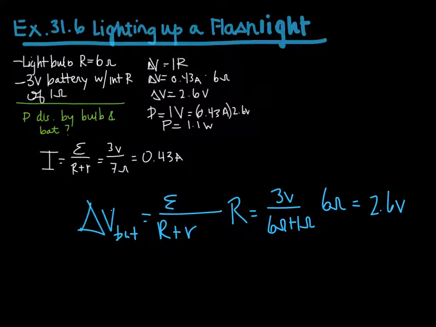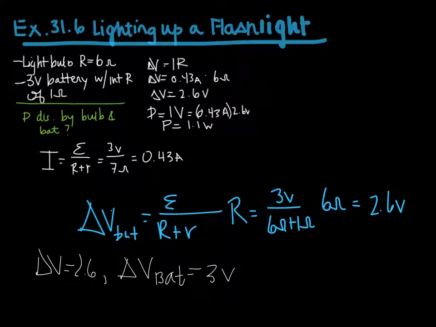I also think that there's a better way to do this than described in the text, which is if we found the potential difference across the resistor to be 2.6 volts, and we also found that the potential difference supposed to be across the battery was 3 volts, then you know that the voltage drop across the battery itself is going to be 0.4 volts for a potential drop across that internal resistance for the battery.